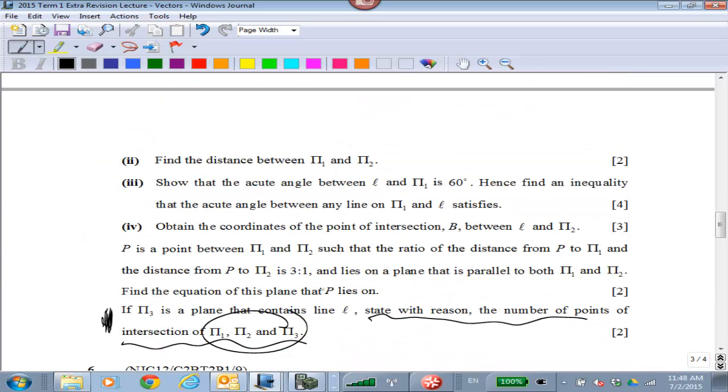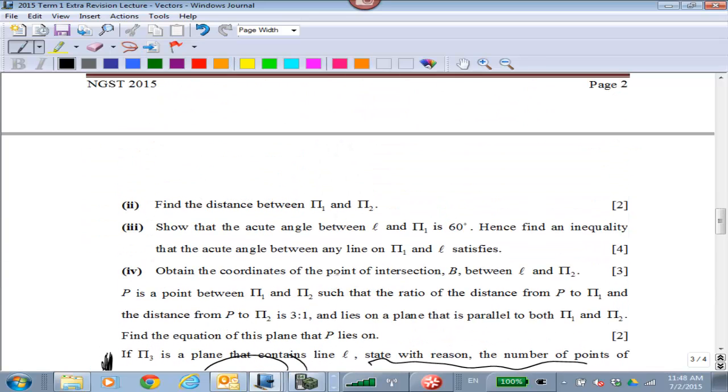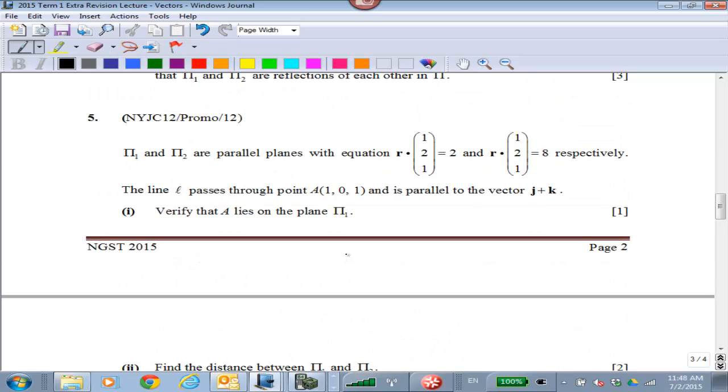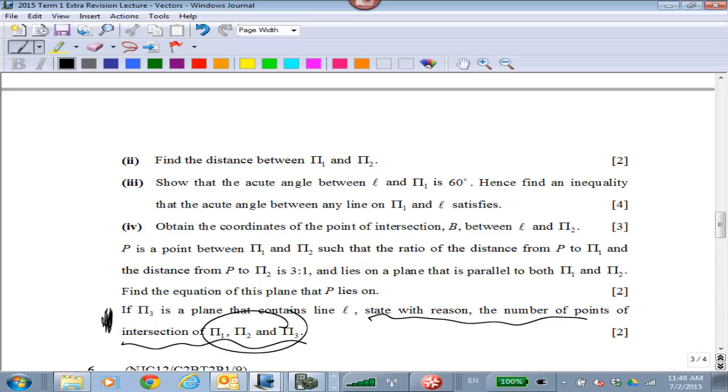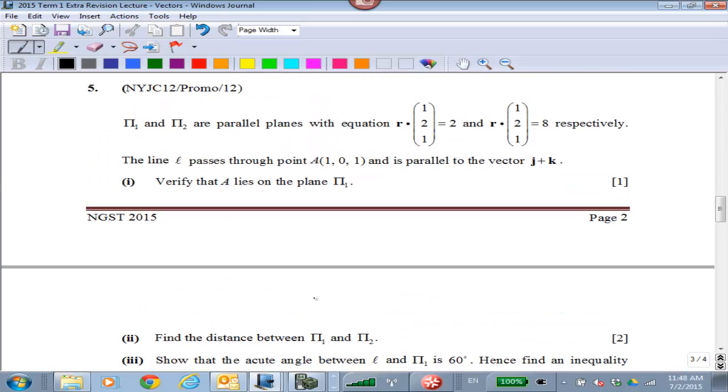Is it a line on plane 1? Wait, I have to read also. L is actually on plane 3. Okay, line is on plane 3 only.